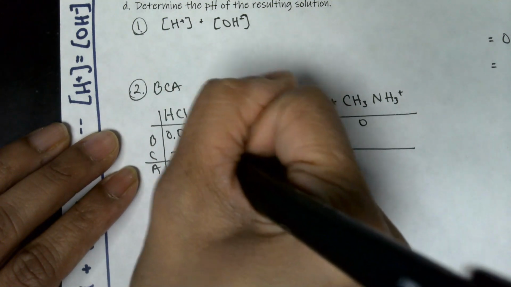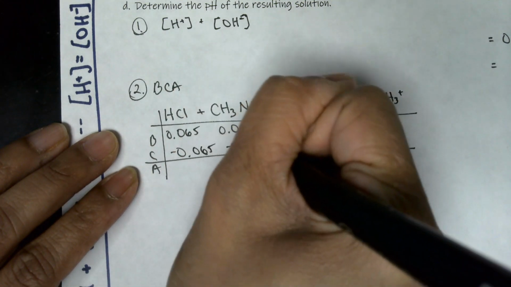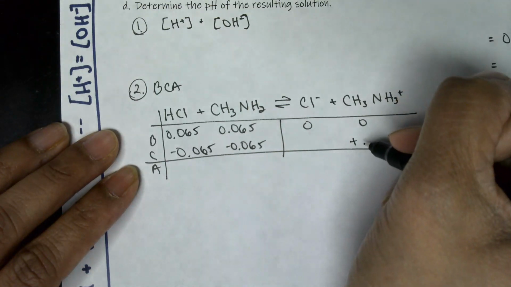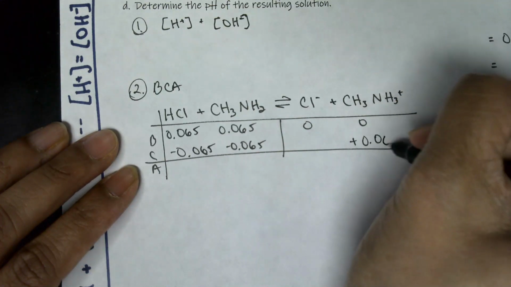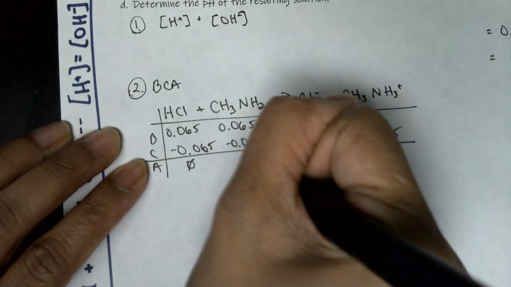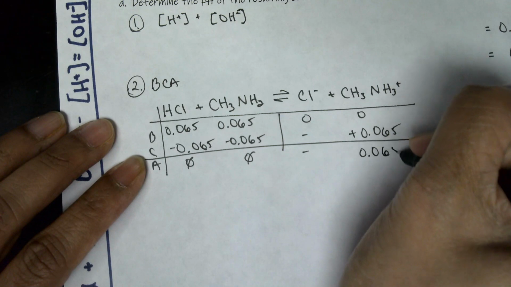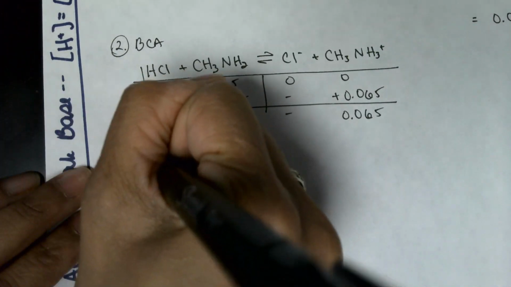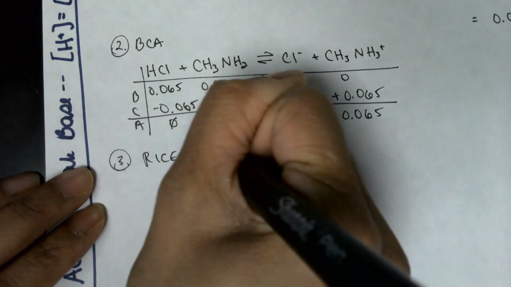We're going to subtract out 0.065 for each of those, and we're adding it over here to your conjugate acid. And this one's a spectator, so we don't really quite care about that. Here, and here. Cool. So then you've got your ICE table and pH.